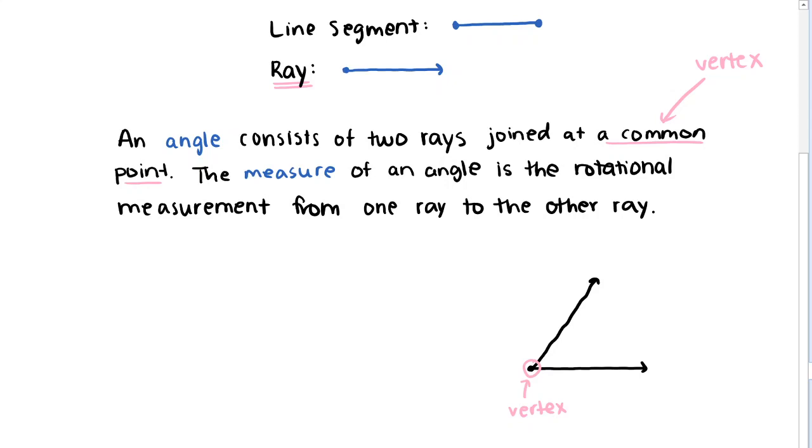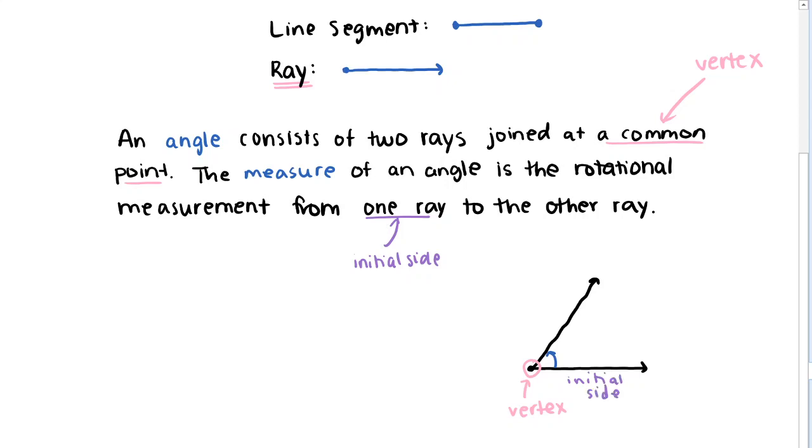Okay, and so the measure of an angle is this rotational measurement that goes from one ray to another. Usually we call the first ray, the ray we imagine starting with, the initial side. In this picture, this bottom ray would be what we think of as the initial side.